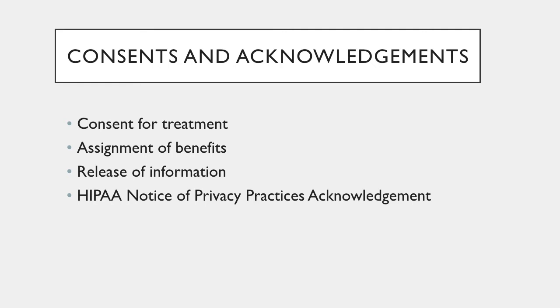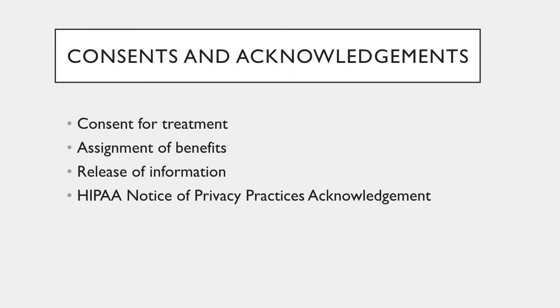Okay. Then we need this section for consents and acknowledgments. You already know this, and again, I bet as a patient, you have been through this, right? You have to sign a consent to treat. You have to sign the assignment of benefits so that the third-party payer will reimburse the doctor or the facility directly and not send the money to the beneficiary or the insured.